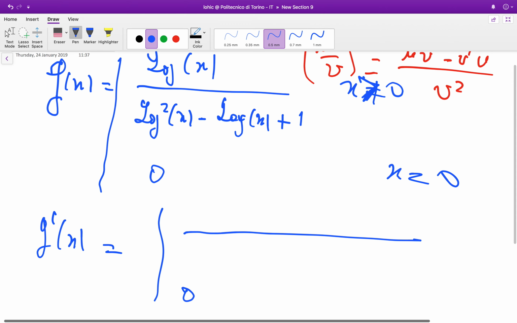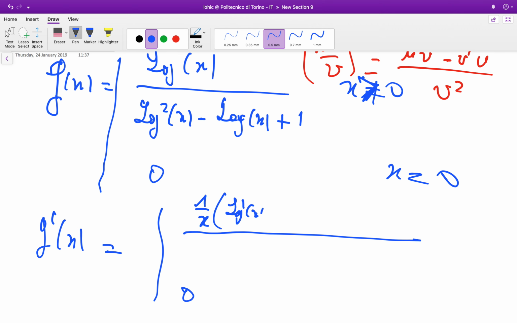So we'll have 1 over x multiplied by the log square of x minus the log of x plus 1, minus, now we derive the one at the denominator.